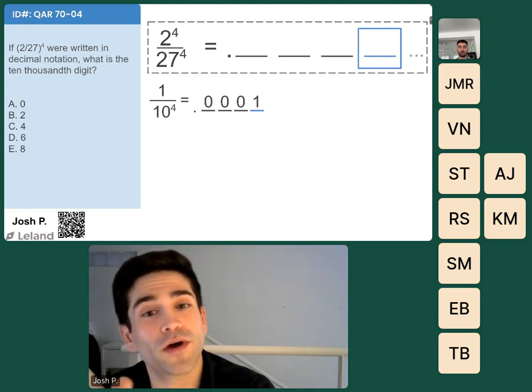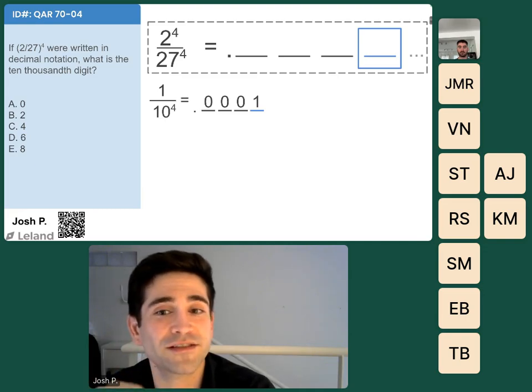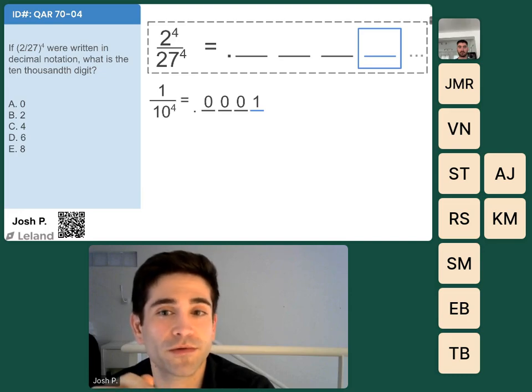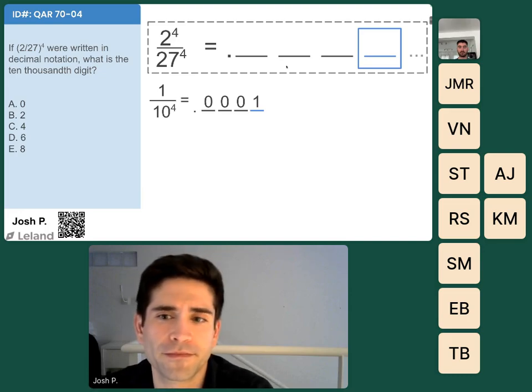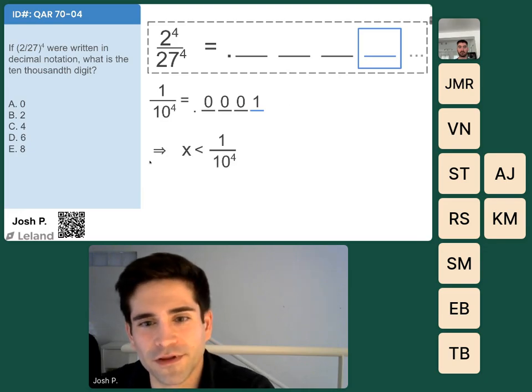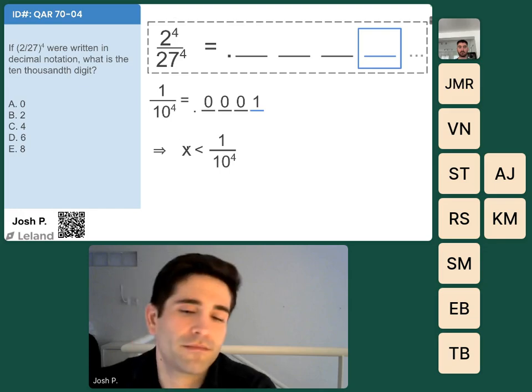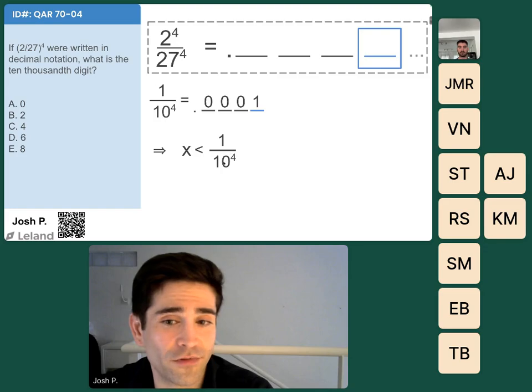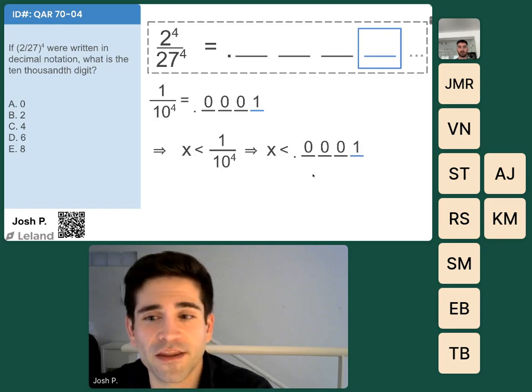So what I do know is that 1 over 10^4 is equal to 0.0001. So with that in mind, if the fraction that we call x is less than 1 over 10^4, that means that x is less than 0.0001.